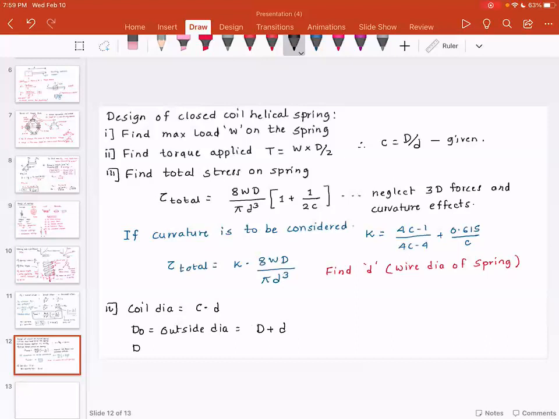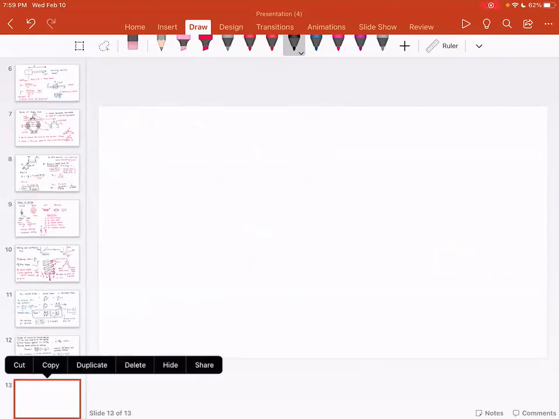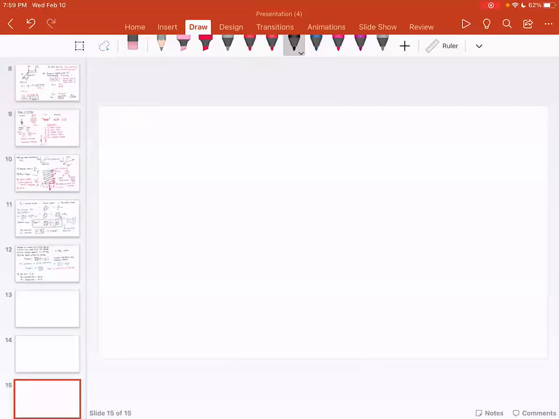We should be able to find the inside diameter, which is capital D minus small d. And the next step is to find out number of turns.